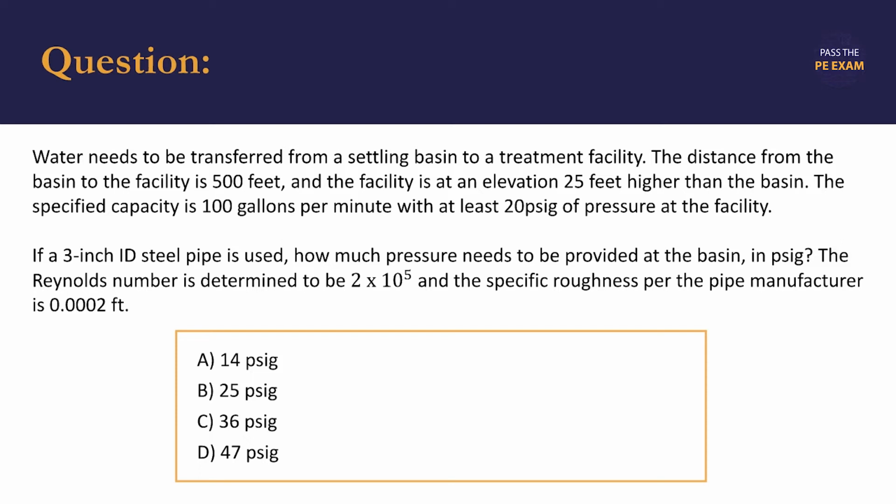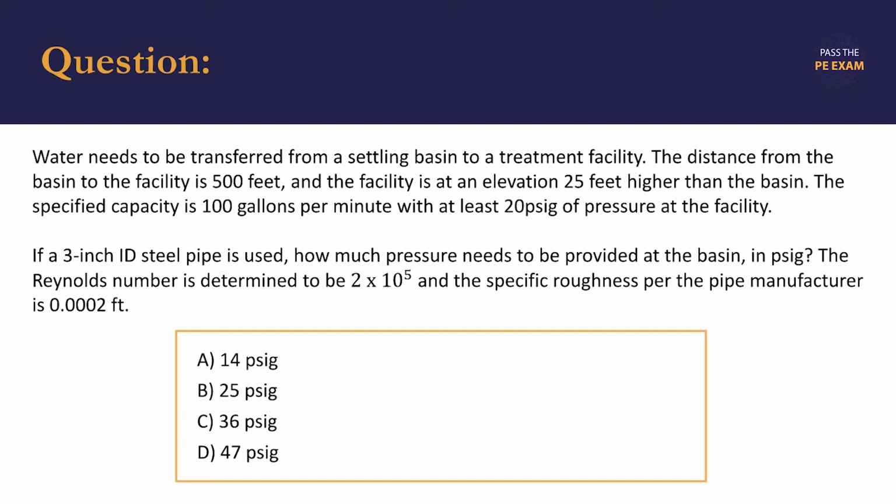The specified capacity is 100 GPM, gallons per minute, with at least 20 psi of pressure at the gauge at the facility. If a 3-inch internal diameter steel pipe is used, how much pressure needs to be provided at the basin in gauge psi? The Reynolds number is determined to be 2 times 10 to the 5th power, and the specific roughness per the pipe manufacturer is 0.0002 feet.